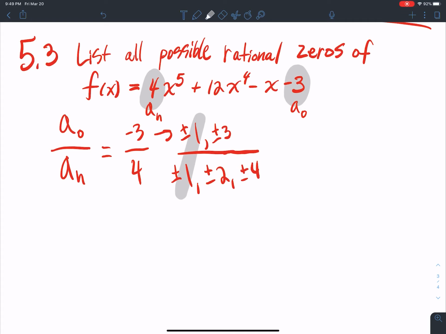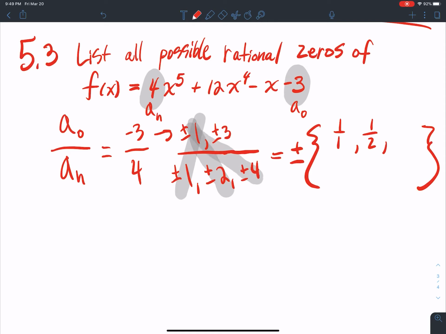So 1 goes with 1. So I'm going to write it out like this. Got a plus minus, and I've got my little bracket. So 1 over 1. Okay, I've also got 1 that goes with 2. So I've also got 1 over 2. Then I have 1 over 4.